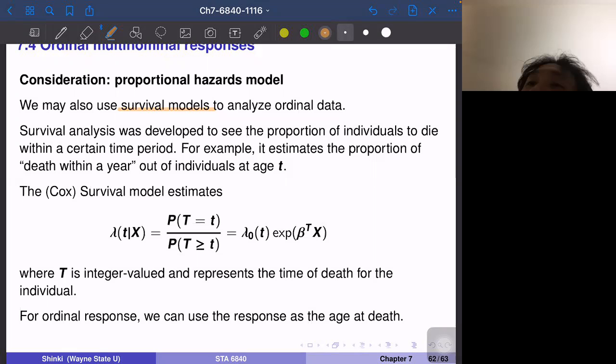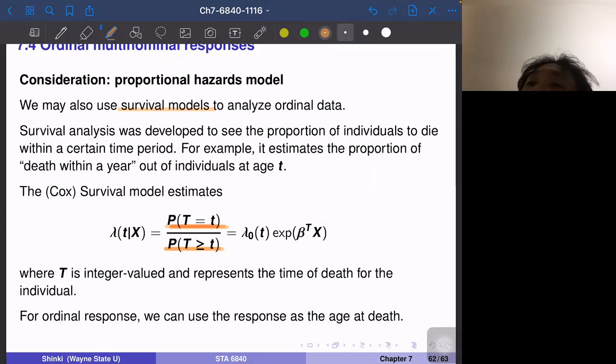The concept is we formulate the probability of the variable T, which is basically the time of death for individuals. We deal with the probability of T equal to t over the probability of T larger than or equal to t. The denominator includes all individuals who live at time t at least, and the numerator is just the individuals who die at time t.